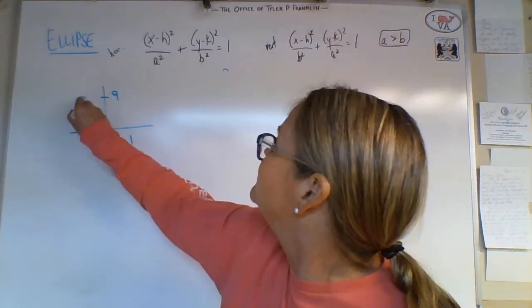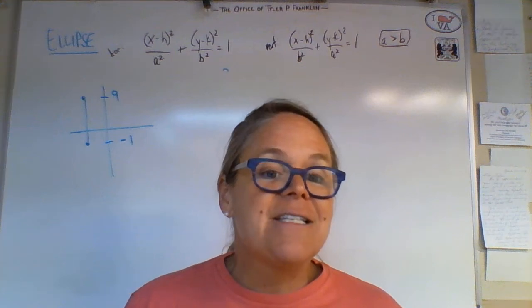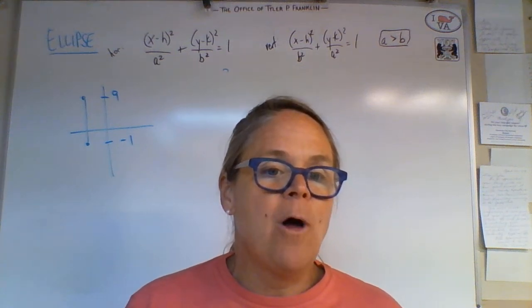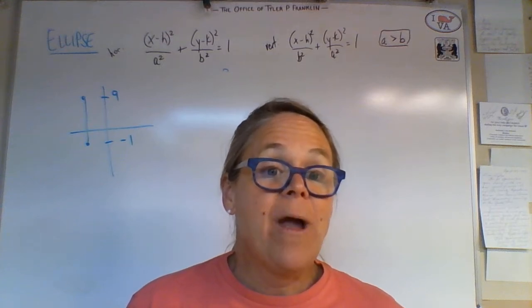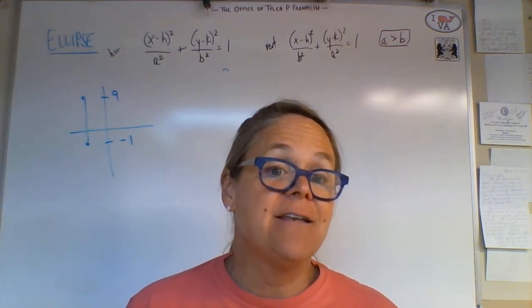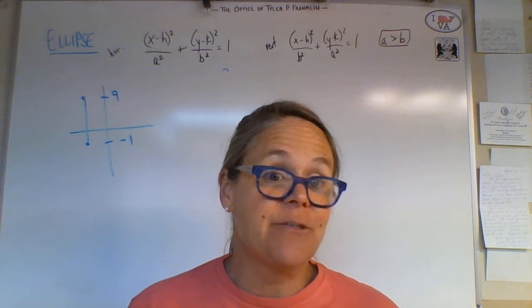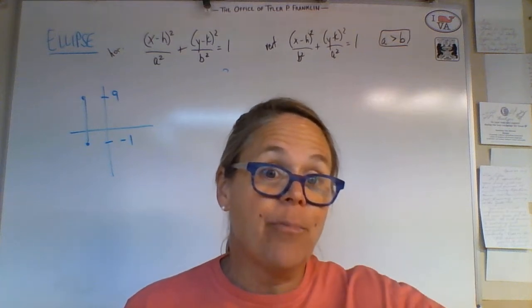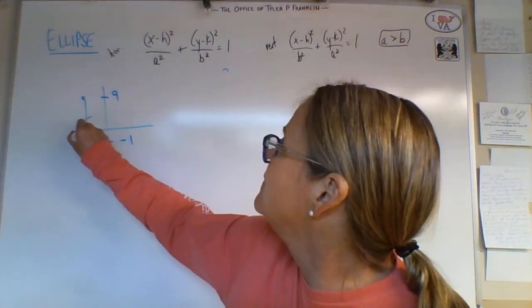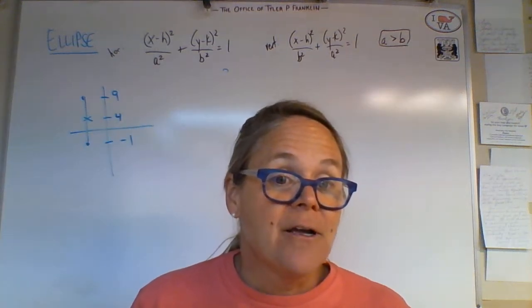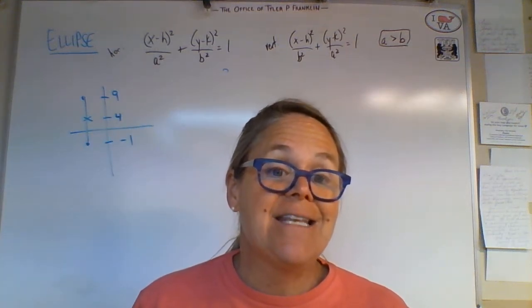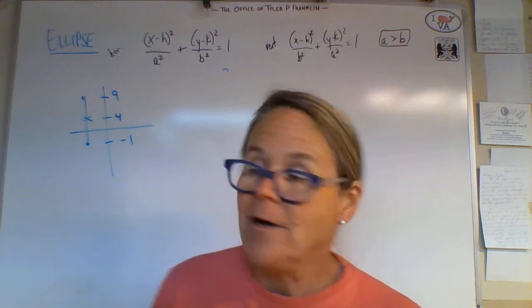Well, think of the distance between negative 1 and 9. That's 10 spaces. So where's the middle? 10 divided by 2 is 5 spaces, either up or down, which would take you to 4. So your center is negative 5, 4.